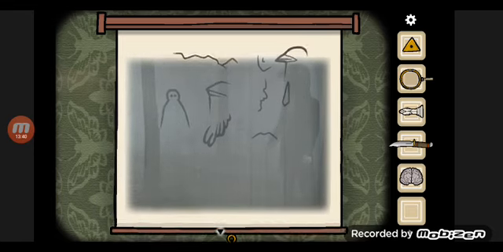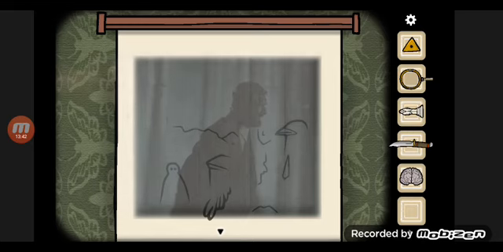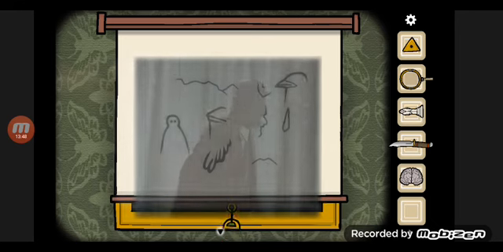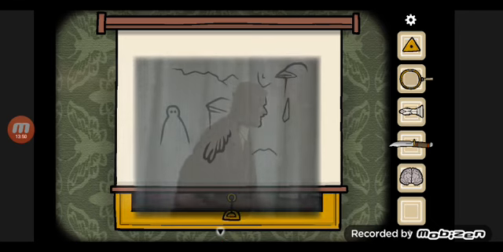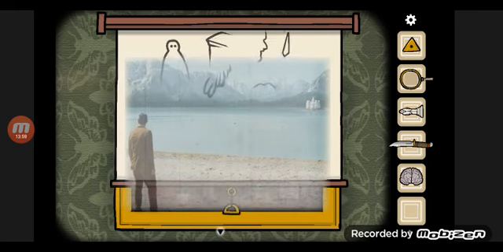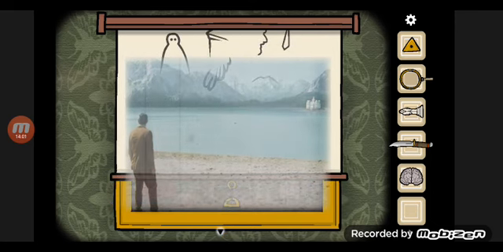The outline of Mr. Crow's head. The outline of the detective's nose and lips. The outline of the mountains.